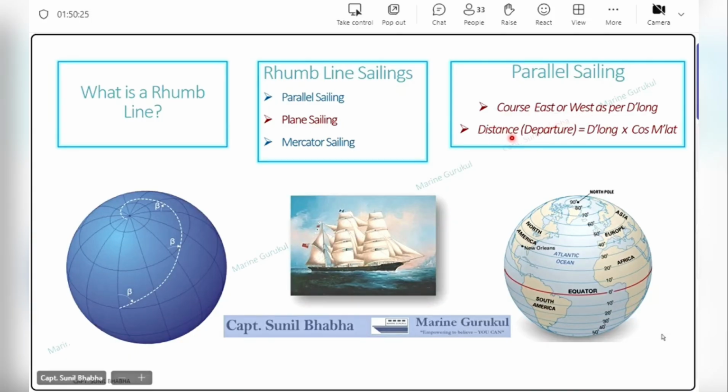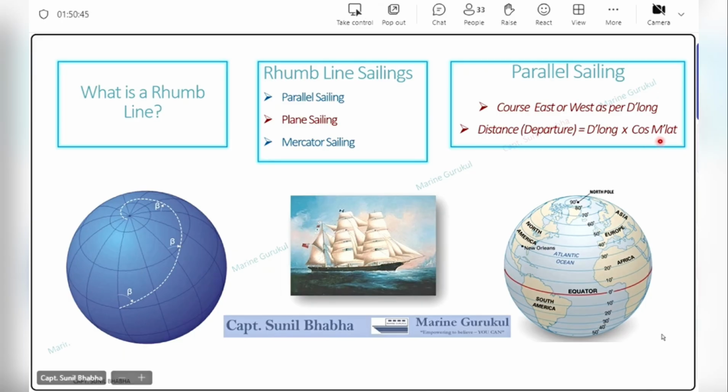The distance covered by the ship is given by the formula for departure. Departure is equal to d long into cos of m lat. So we get the d long between the two positions multiplied by the cos of latitude.